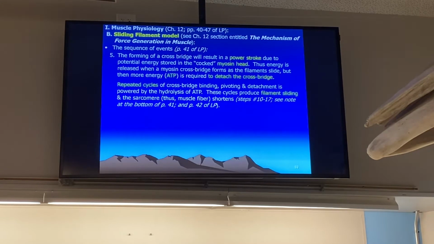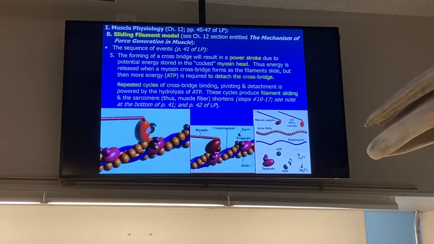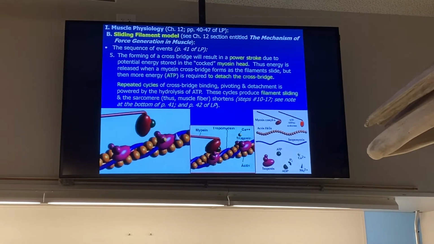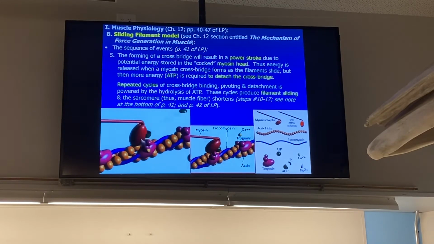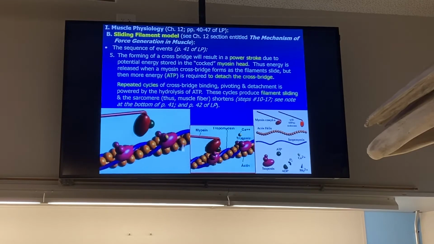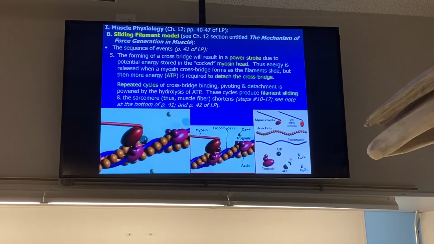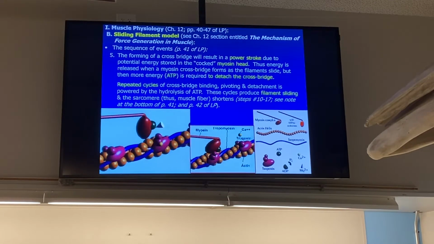And then you have to recognize the cross bridge cycle, these repeated cycles of four. This animation goes really fast, but at least it keeps cycling.